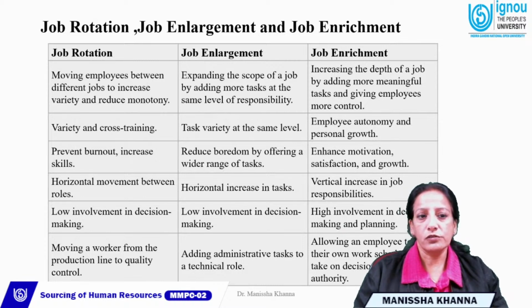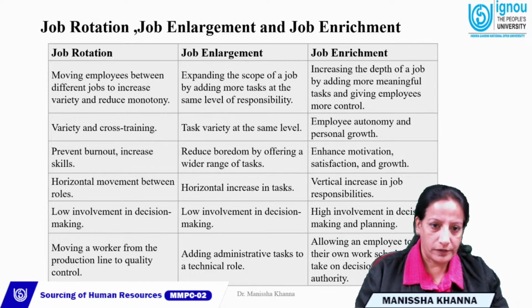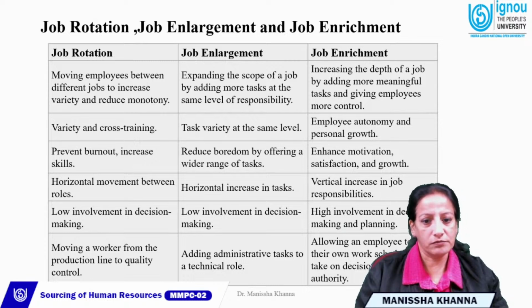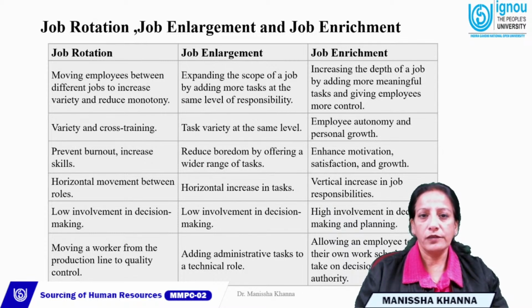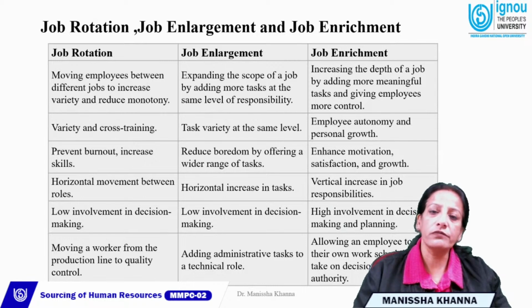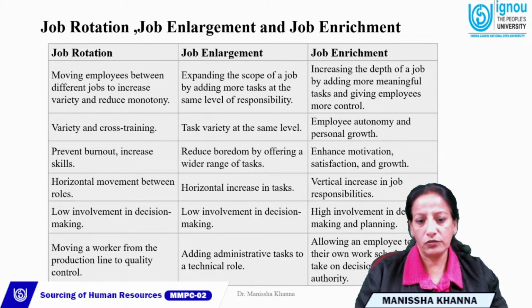So this is job enlargement. Enlargement is self-defined as expanding the scope of a job, or doing more tasks, more work at the same level of responsibility. The task variety is at the same level, and it again has low involvement in decision making, and it is adding more and more administrative work most of the time to the technical role.